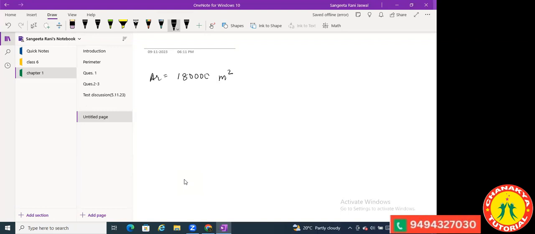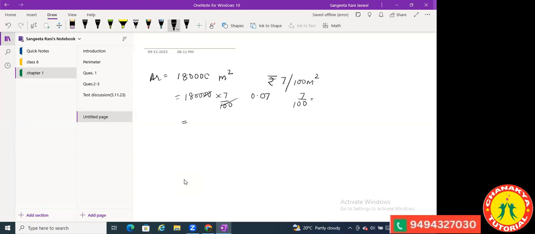Now the cost of tiling is rupees 7 per 100 meter square. If I put this into decimals it is 0.07, but instead you just multiply by 7 by 100. 2 zeros and 2 zeros cancel.